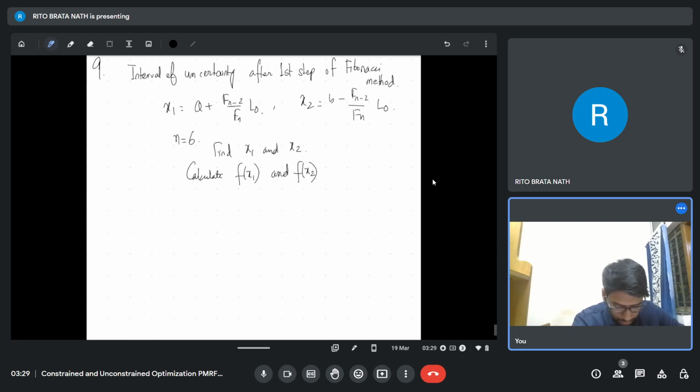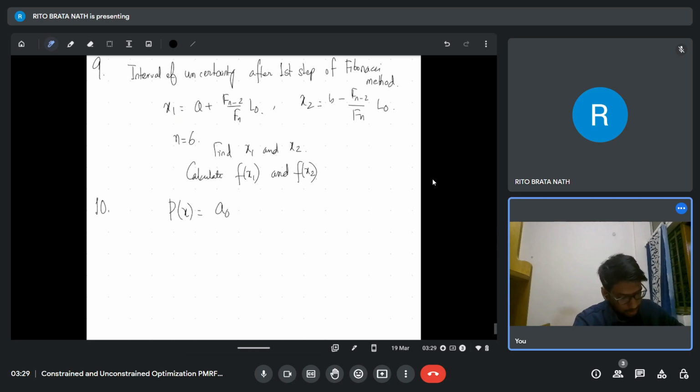Then I have the 10th problem. The 10th problem is again related to a quadratic approximation problem. p(x) is a0 plus a1x plus a2x square. This is the quadratic approximation of f(x).